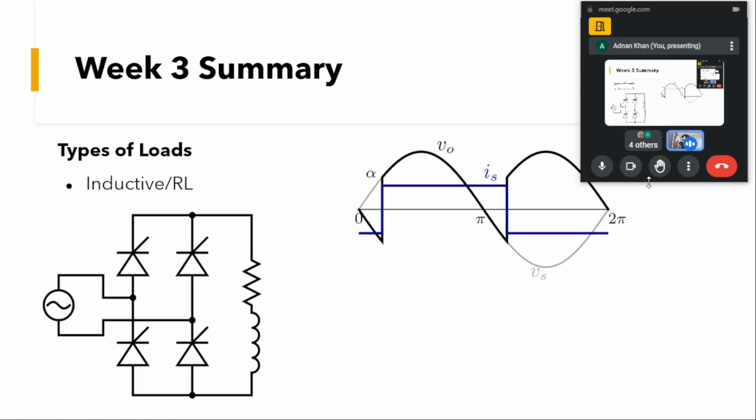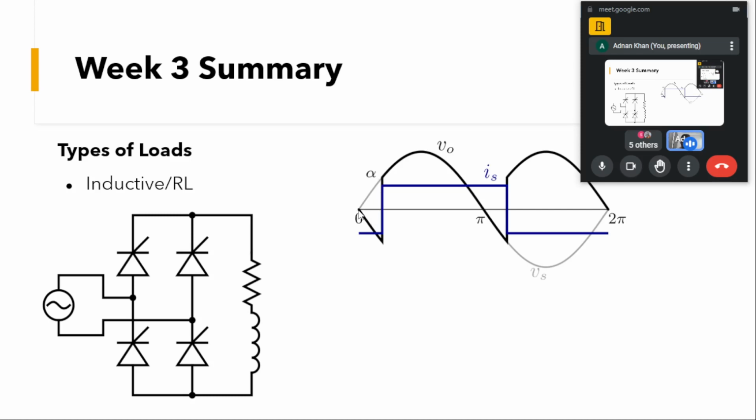From this picture, you can see the sine wave shown in gray is the source Vs, the dark black is the output voltage, and the blue one is the source current. These are controlled devices, so we can turn them on at any instant. Let us say we are turning on diode 1, and these diagonal diodes, at an instant alpha.